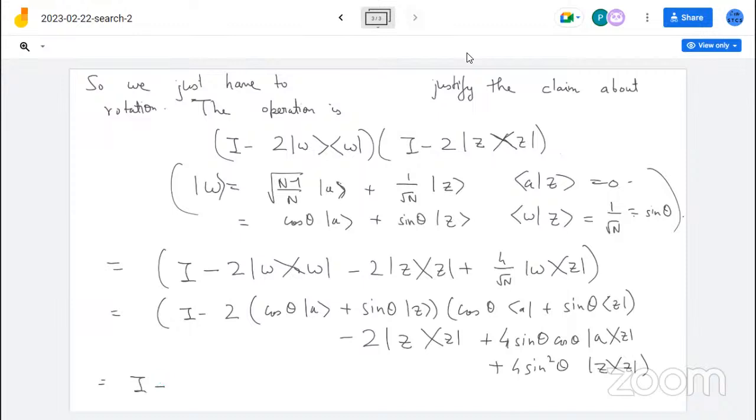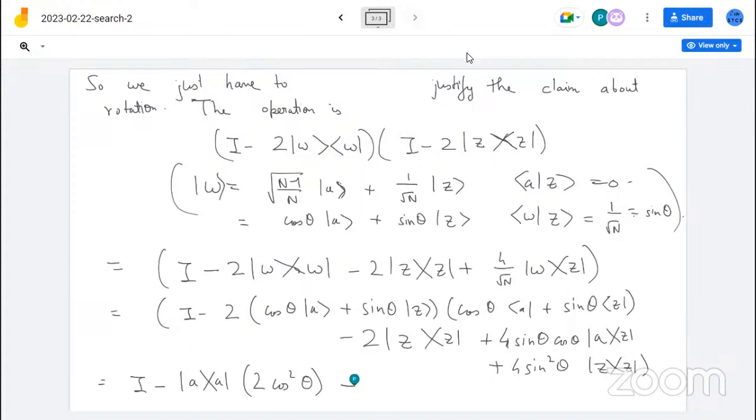So what is the AA business? AA is 2 cosine square theta.